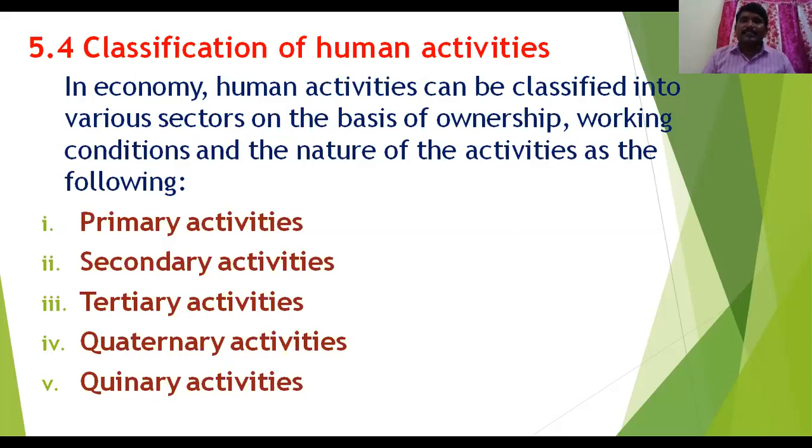And the last is the fifth one, the quinary activities. The quinary activities are the part of the economy where the top level decisions are made. This includes the government, which passes legislation by act.